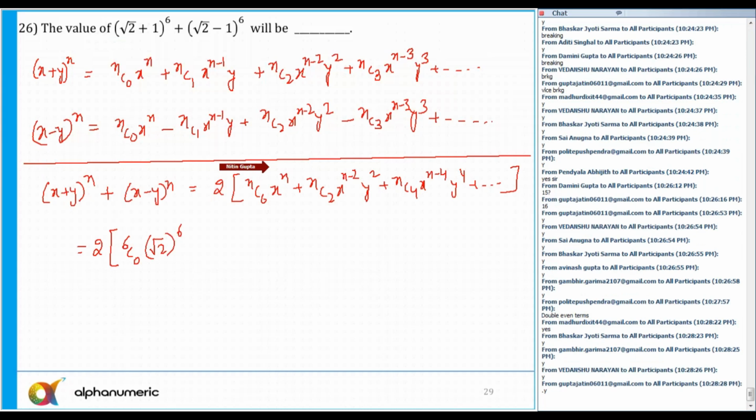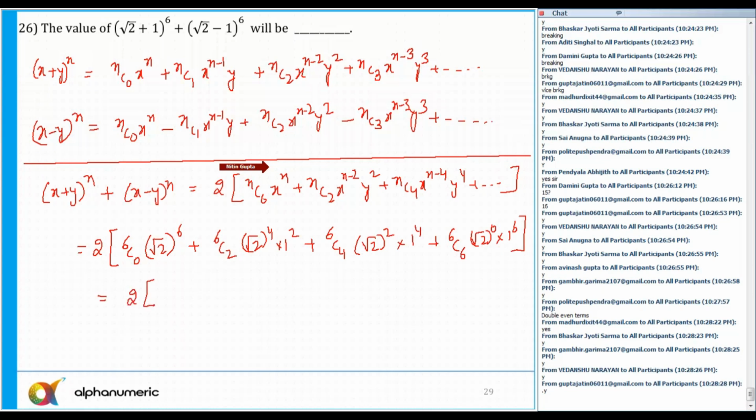Plus 6C2 into root 2 raised to power 4 and into 1 square plus 6C4 into root 2 raised to power 2 into 1 raised to power 4 and plus last term that is 6C6 into root 2 raised to power 0 into nothing but that is 1 raised to power 6 and so on.